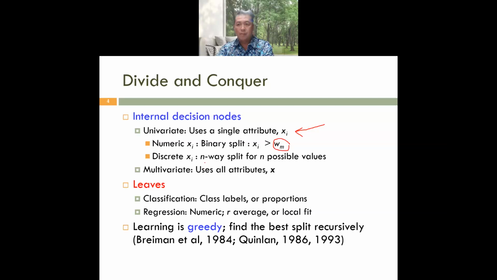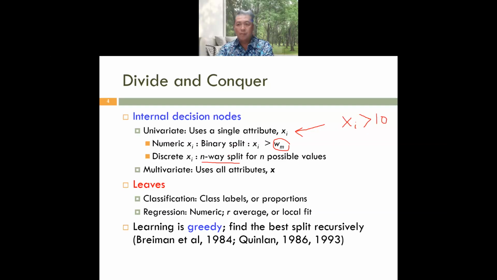If you have an n-way split, which means more than 2, then you will have to discretize them. For example, your xi here can use xi greater than 10.